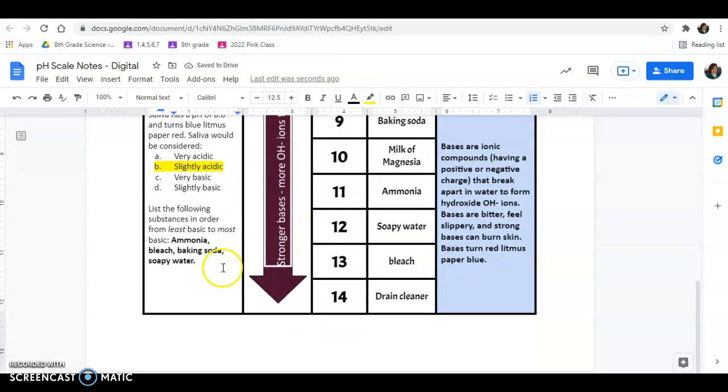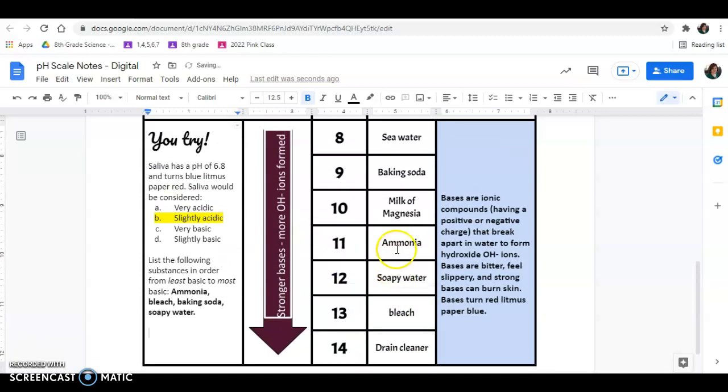Okay? And then you're supposed to take these guys here and arrange them from least basic, basically weakest to strongest. So if we look over here, we basically have the answers. So the one that's going to be the weakest: ammonia, bleach, baking soda, or soapy water. So I start at the top, which is where the weak ones are. I come to baking soda first. The next one that I come to, milk of magnesia is not on the list.